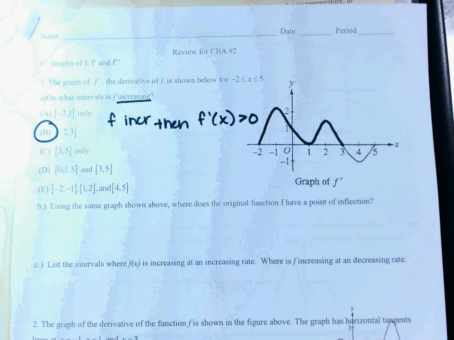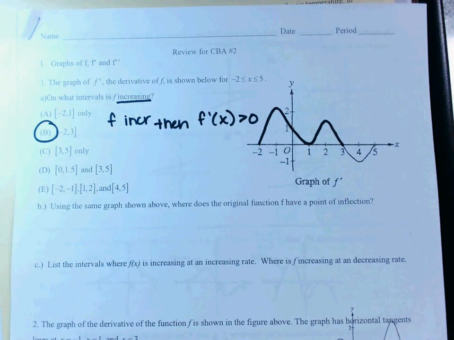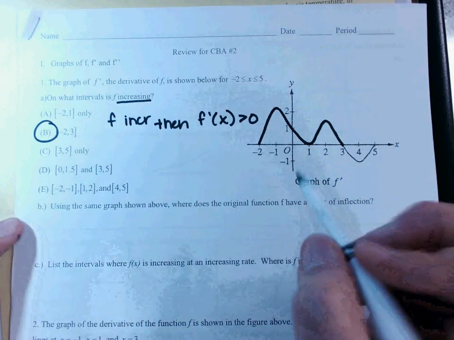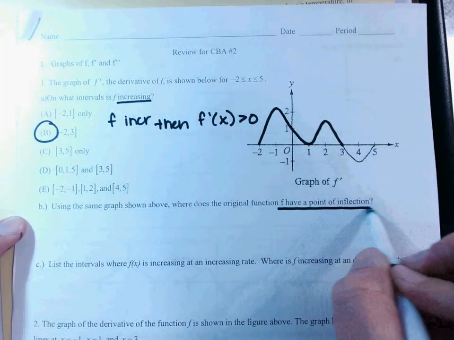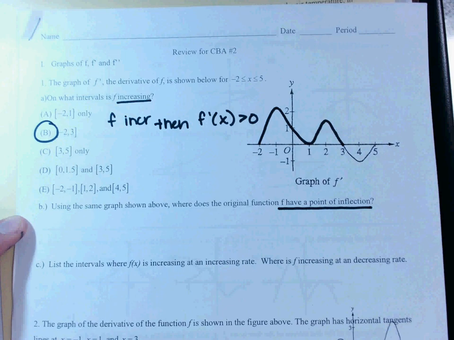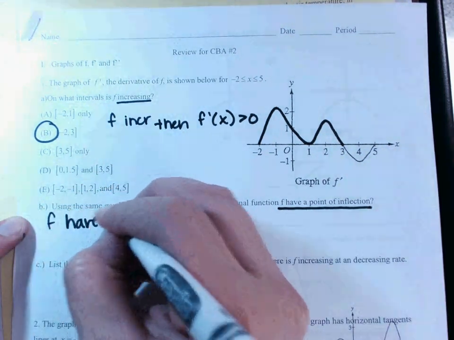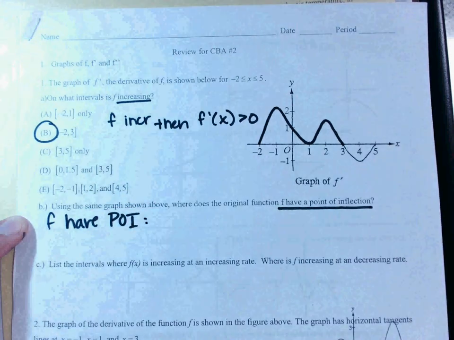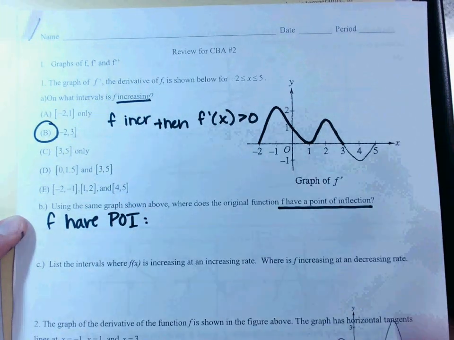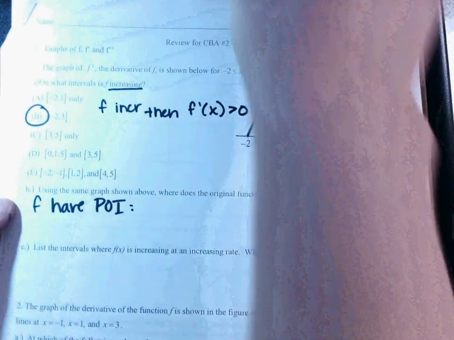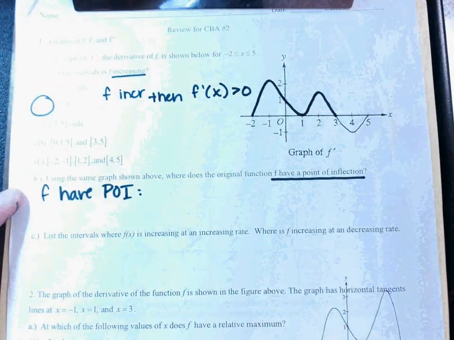Okay, come down to part B. Says, using the same graph above, where does F have a point of inflection? So we have to go back to think about it. If I want F to have a point of inflection, do I care about F prime or F double prime? F double prime. And what is that in the graph of F prime?